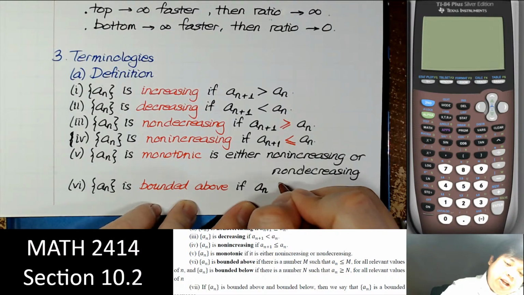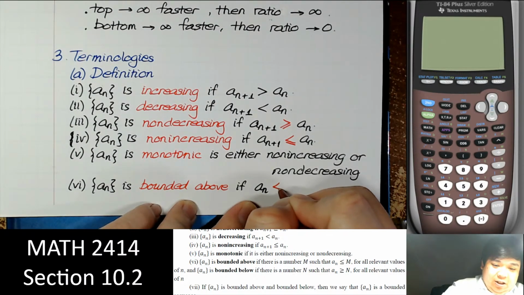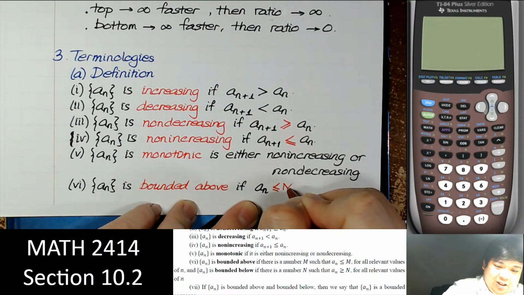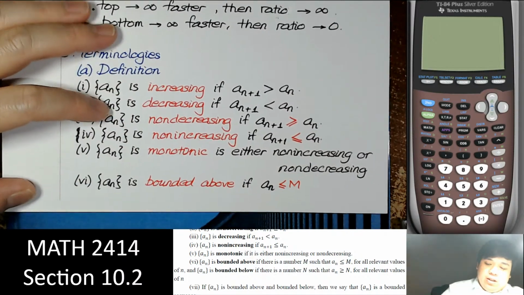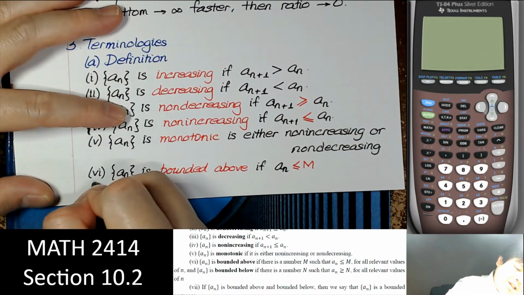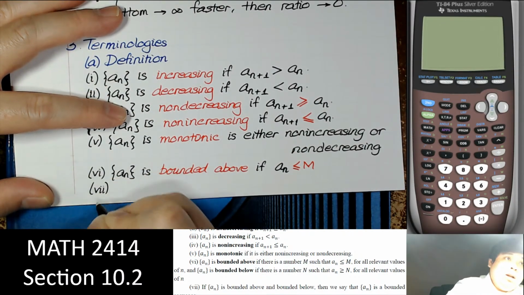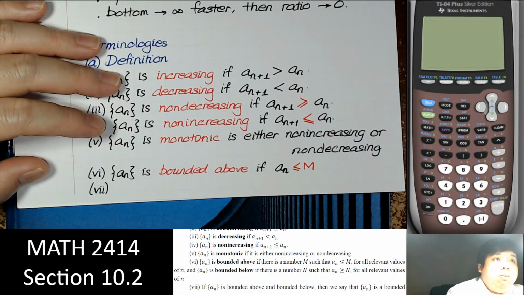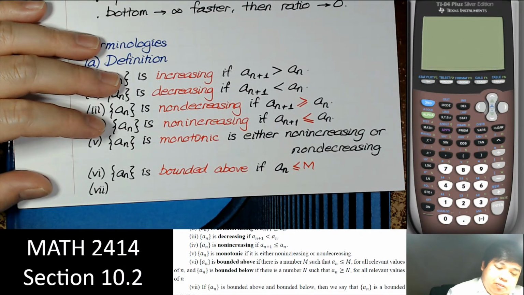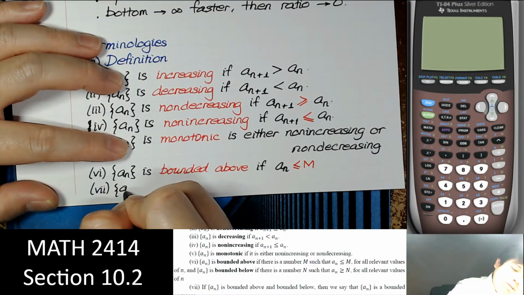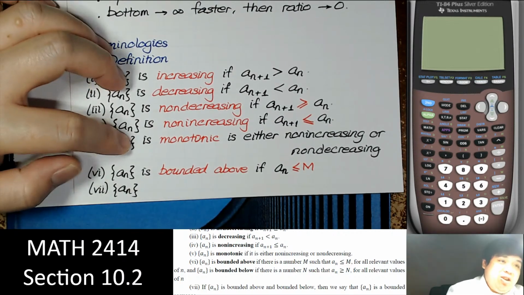It's bounded above if there is a number that is bigger than all the terms. And again, I've written it out without reading the note.